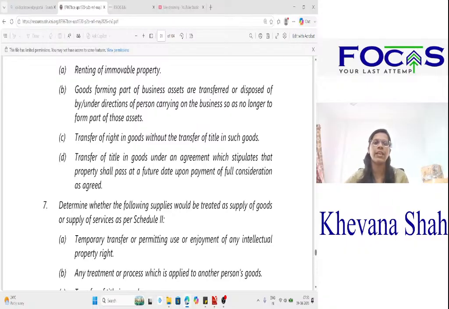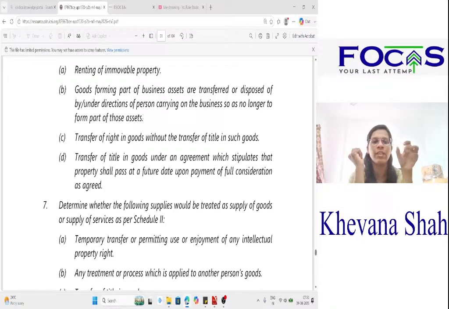Then next we have: goods forming part of business assets are transferred or disposed of by or under directions of a person carrying on the business, so as to no longer form part of these assets. So there are certain business assets, some goods which are part of your business assets. Now these goods you are selling, so this is a case of supply of goods.